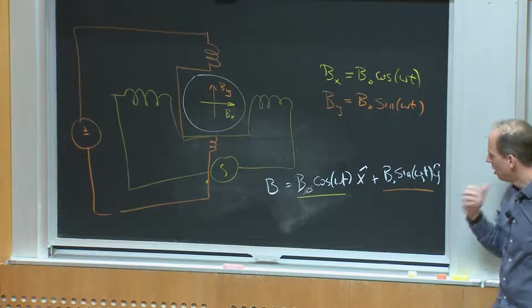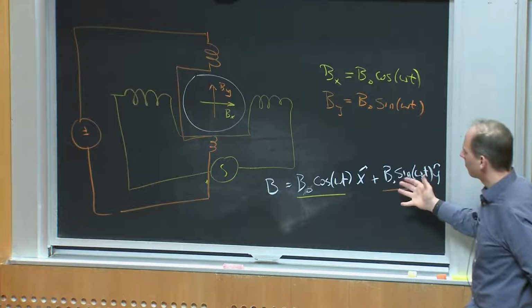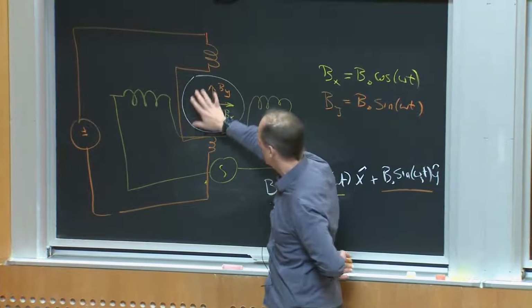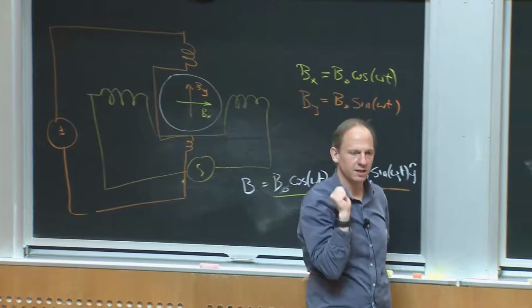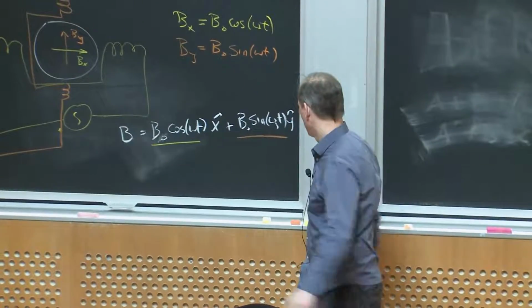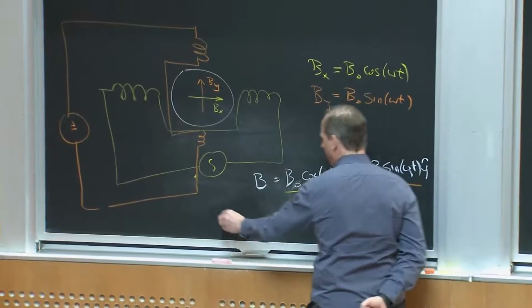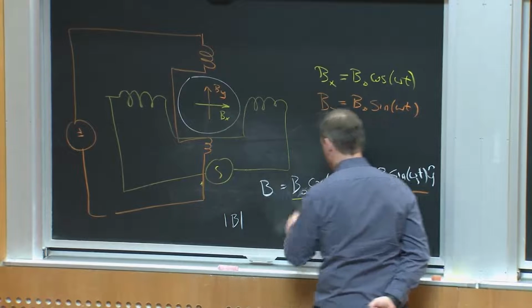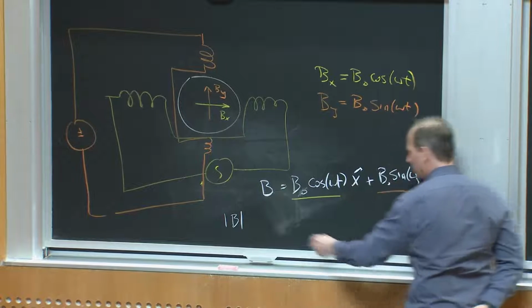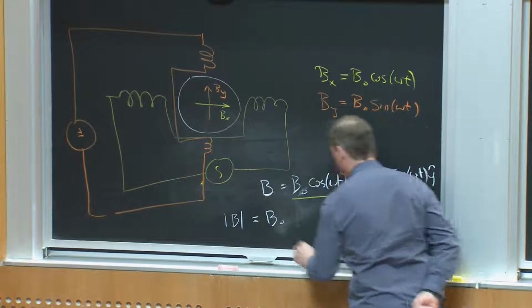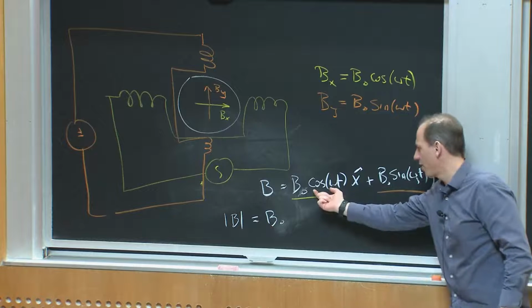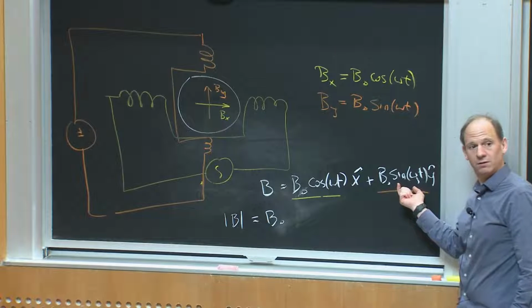And why would I do that? Well, let's just think about the magnitude and phase of the net flux density in this space. What I would get is the magnitude of B, the square root of the sum of the squares of these, is just going to be B naught, right? Because cosine squared plus sine squared is 1. Right?